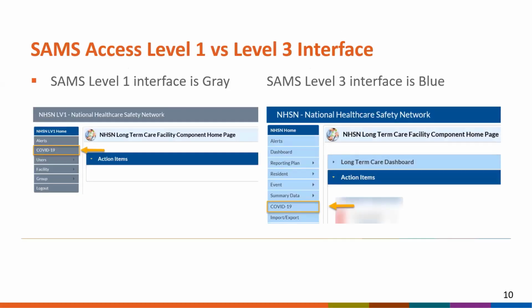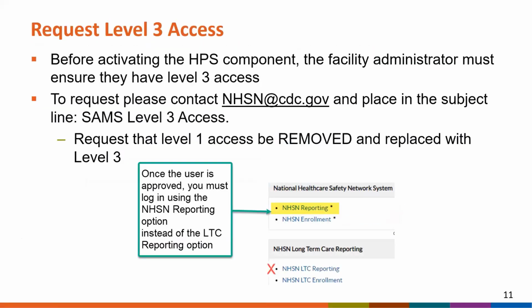To tell whether you have Level 3 access, you can compare your interface to those in the screenshot above. As you can see on this slide, the Level 1 interface is gray and the Level 3 interface is blue. As previously mentioned, the first step in entering annual flu data is requesting Level 3 access if it has not already been granted.